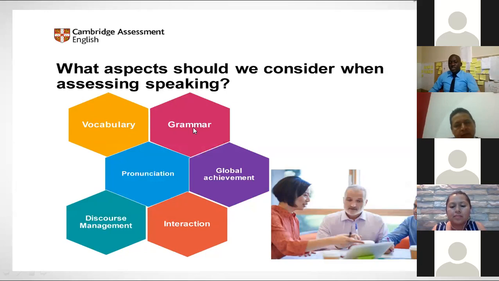So make sure that you're able to use enough of your grammar in the past, present, and then in the future. Then pronunciation: make sure that someone can hear what you're saying. It's not just a matter of saying whatever. Make sure that you're speaking so that someone is able to listen and understand.